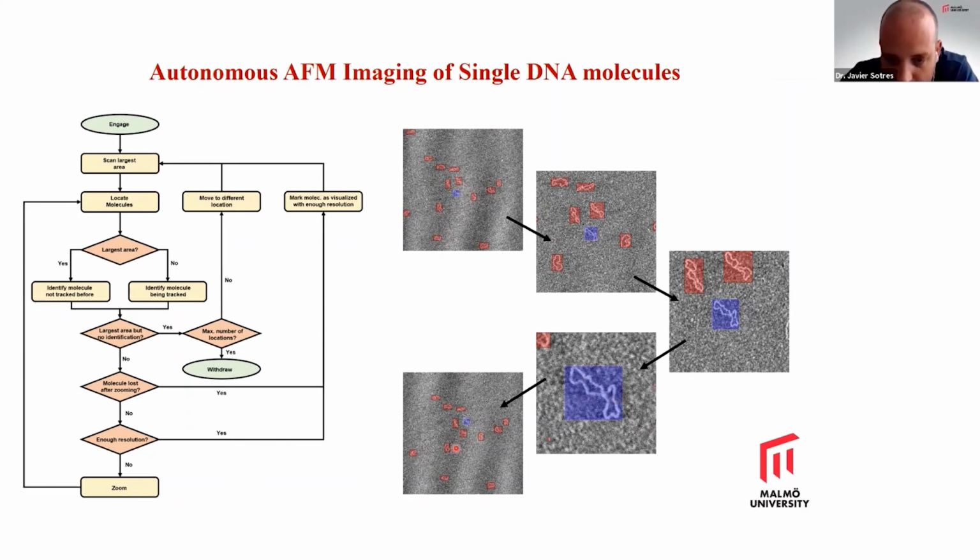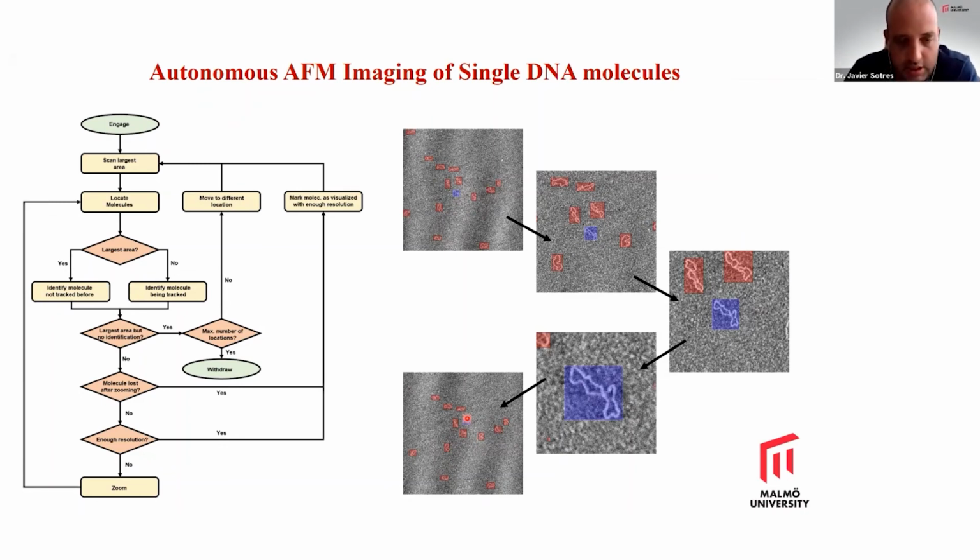Then it zooms out and locates all the molecules again. If you look, this molecule here is this one, so it knows that it has already focused on this one and selects another one to focus on. Okay, and it worked pretty well.